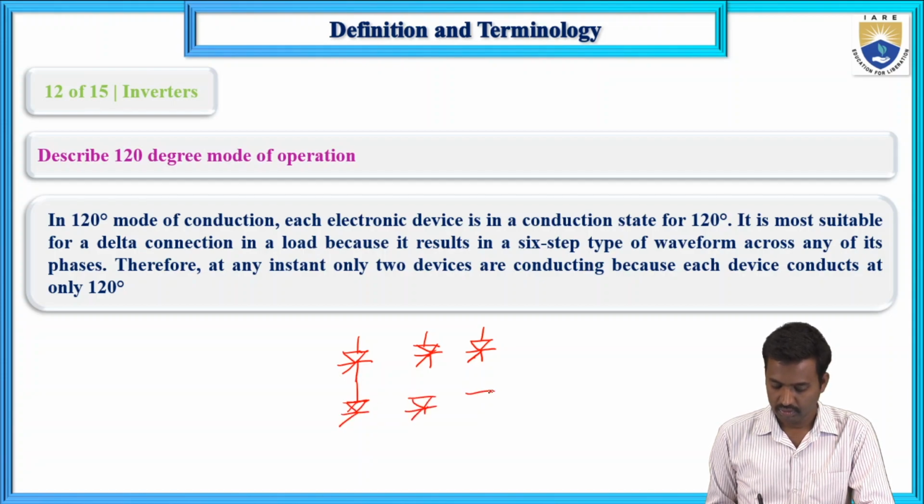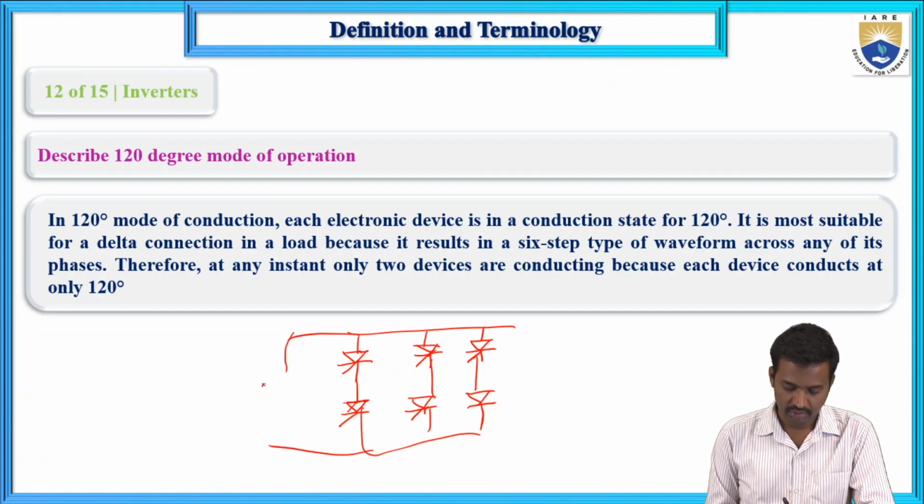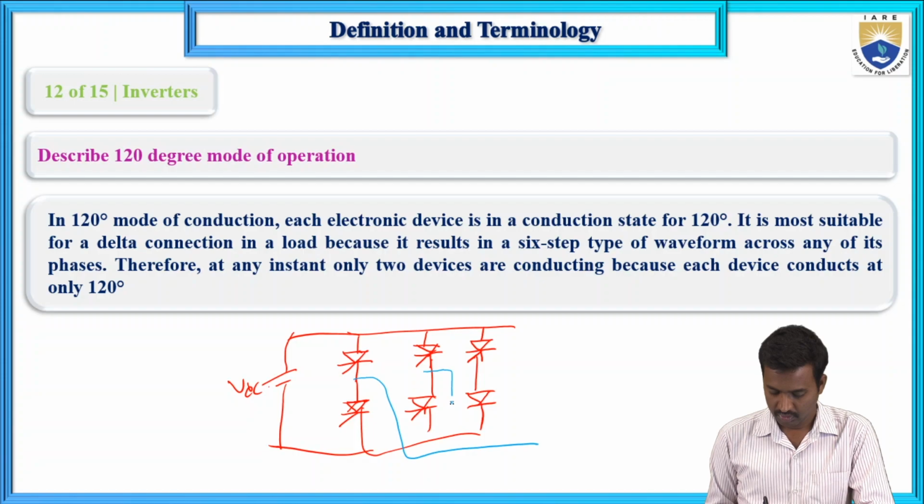This one and this one, and next this is connected across the load VDC, and next the load is connected to this one. This is, sorry, this is a star connection.